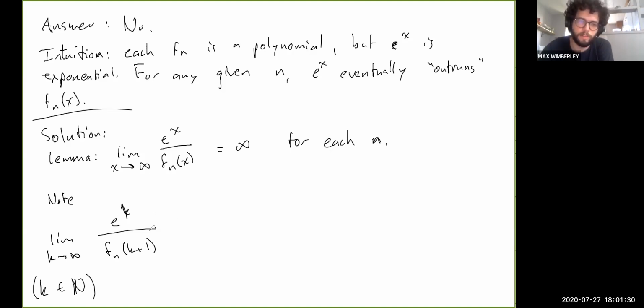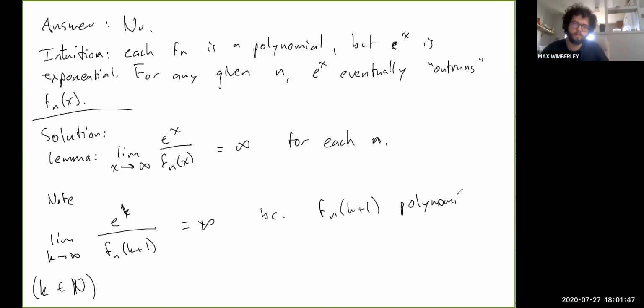So this forms a sequence, okay? And this is infinity. We can do this because Fn of k plus 1 is a polynomial in k, and actually a polynomial with all positive coefficients.